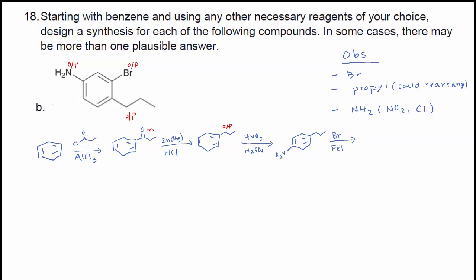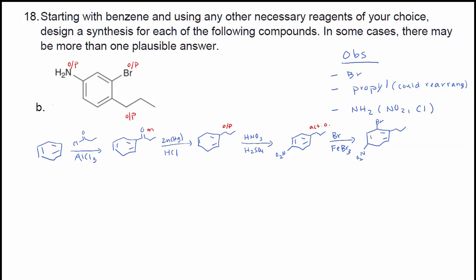And you can also contemplate reducing that nitro group to the amine. But if I do that, that one's going to be a stronger activator, and then it will try to push the next group ortho or para to that. So we'll add the bromine before reducing the NO2 group, because the propyl group is the activator here.